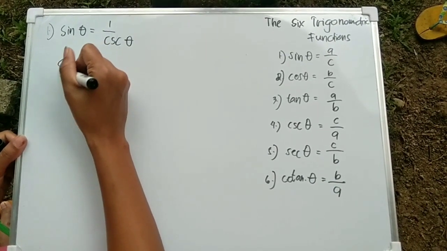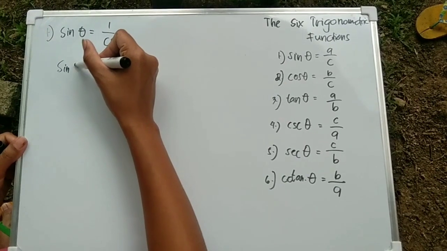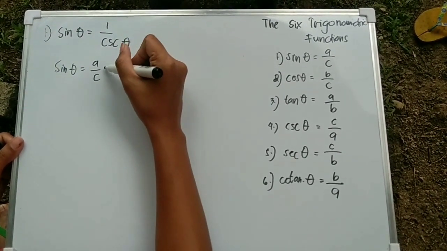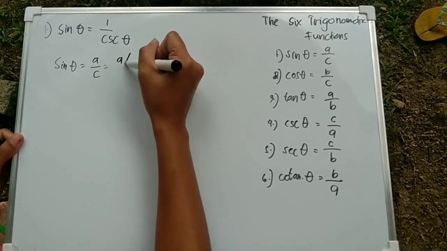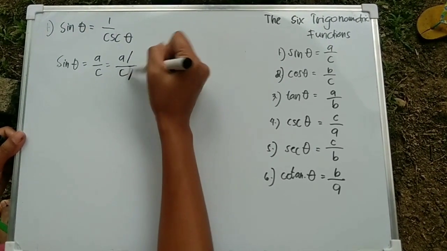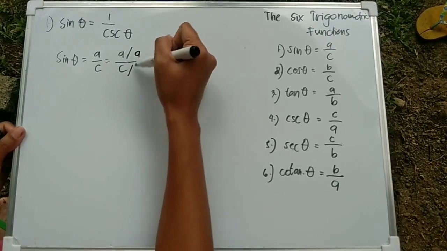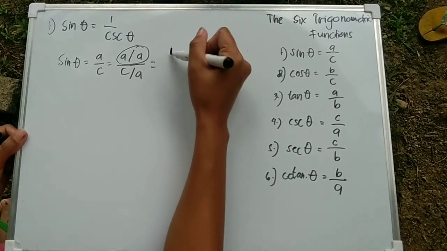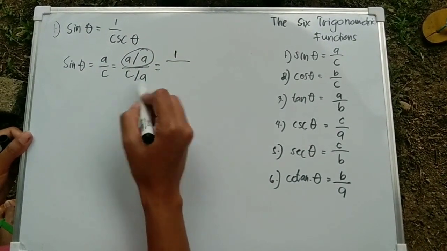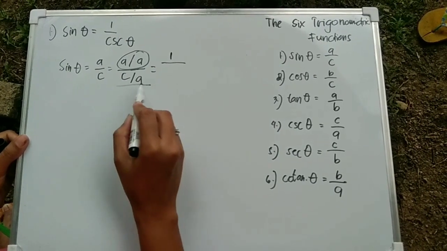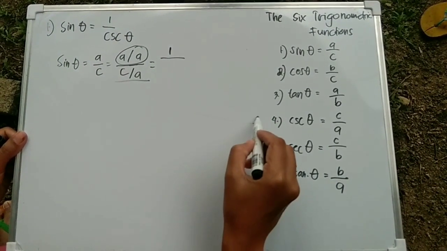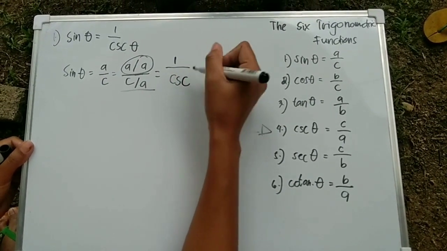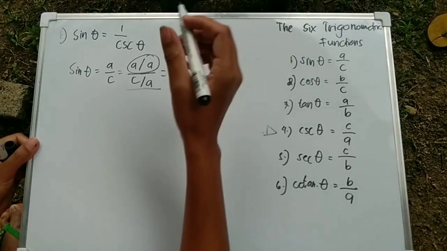Sine theta is equal to A over C, and then divide both by A. So the numerator is 1 and C over A is equal to cosecant theta. So that is why sine theta is equal to 1 over cosecant theta.